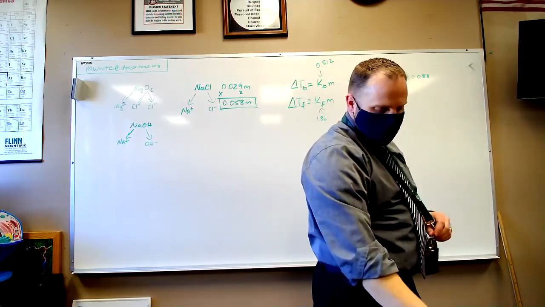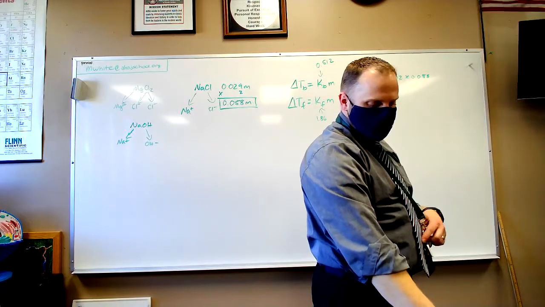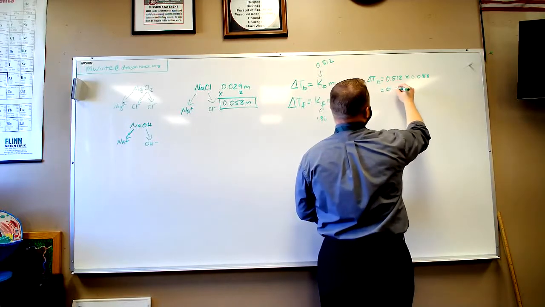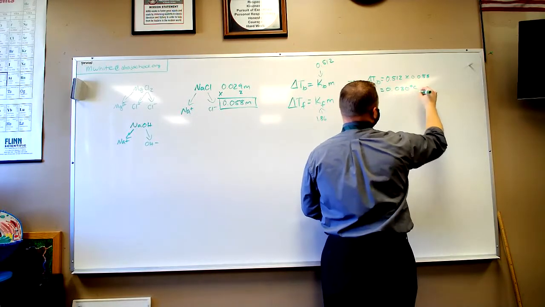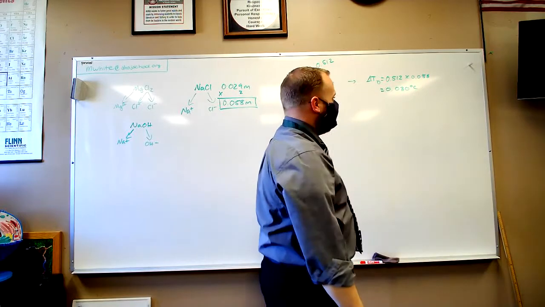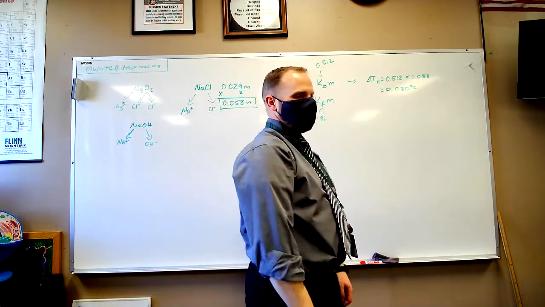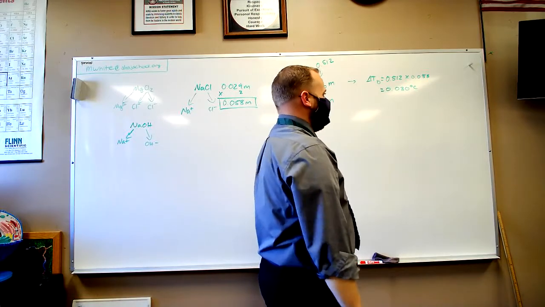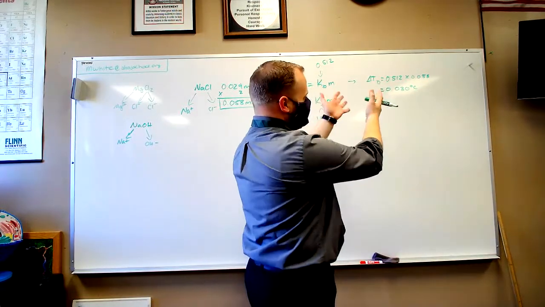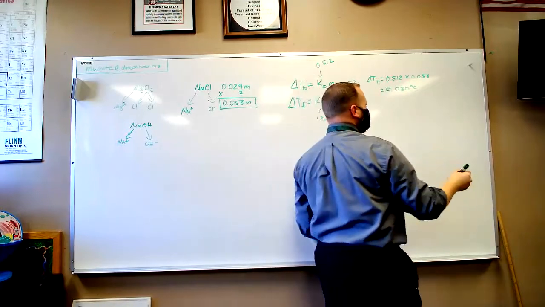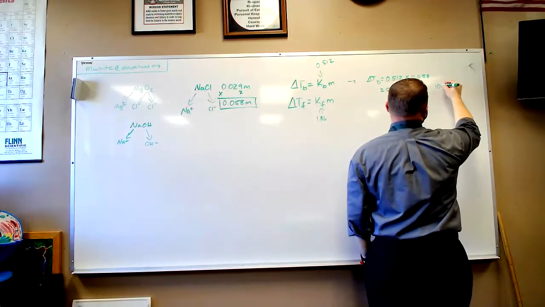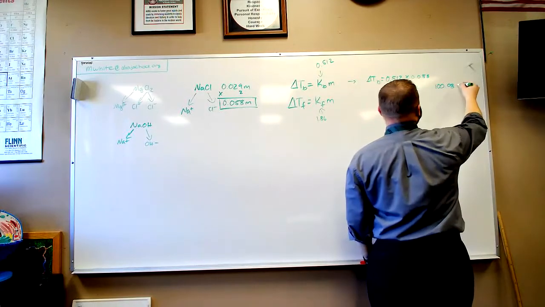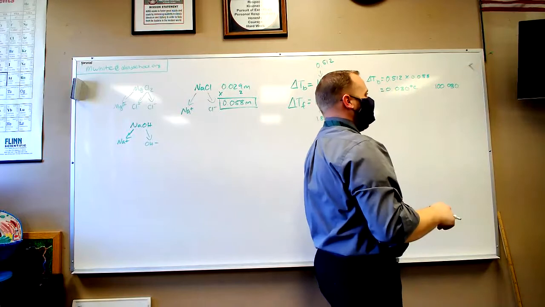So the change in T sub B is a whopping 0.03 of a degree. So if it asks for the change, that's the change. If it asks for the new boiling point, we just add it.